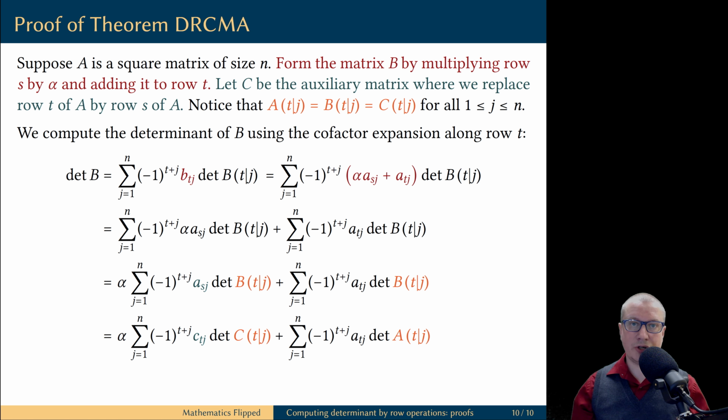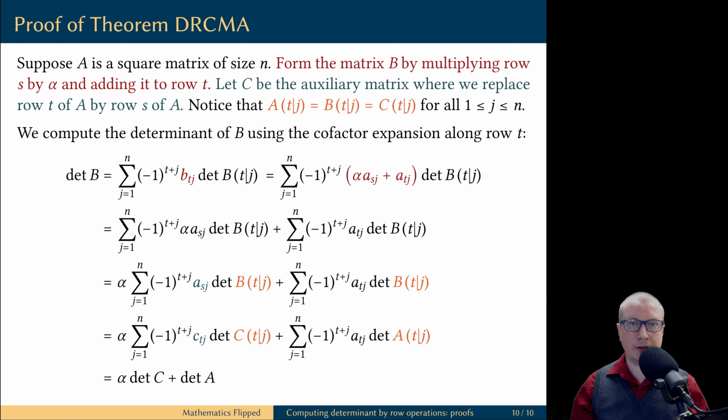Next, let's recall that all the A, B, and C submatrices, which are obtained by deleting row T and any column, are equal to each other. And let's also recall that row T of matrix C is the same as row S in matrix A. But now you should recognize that the first sum is the cofactor expansion for the determinant of C along row T, and the second sum is the cofactor expansion for the determinant of A along row T.